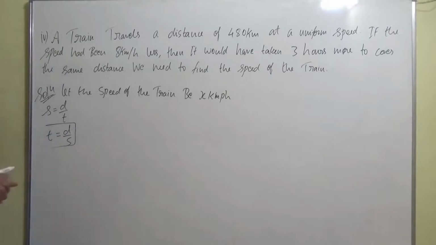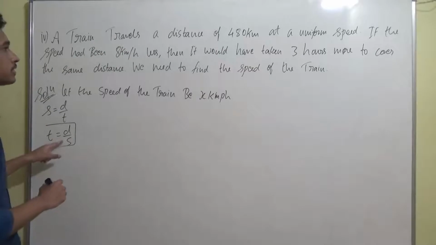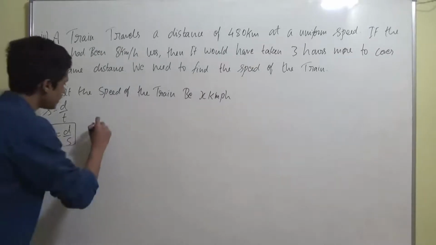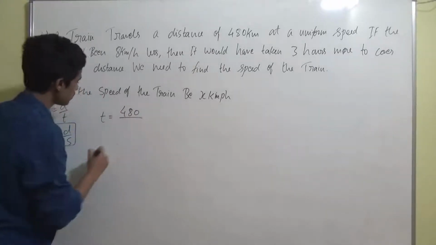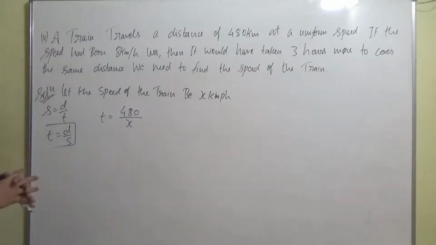Right, guys? Now they are saying a train travels a distance of 480 kilometers at a uniform speed. In a time t, it travels 480 kilometers at a uniform speed of x kilometers per hour. That's the first equation which you get, guys.